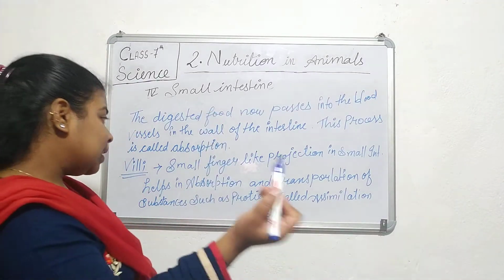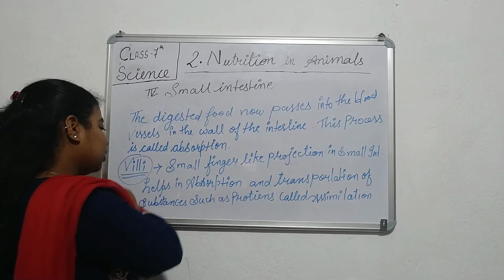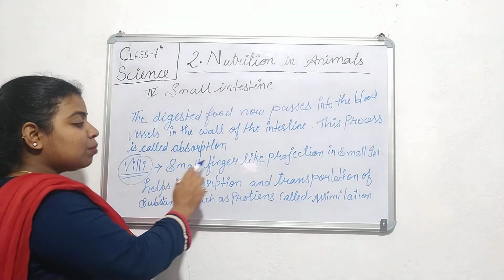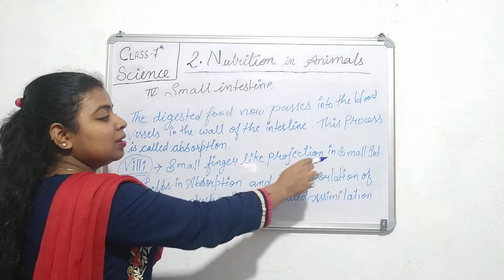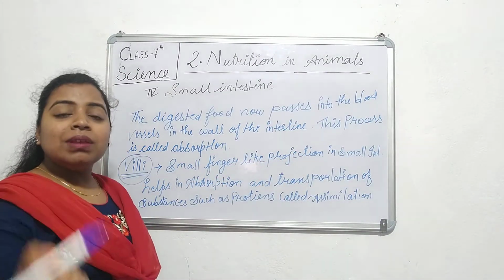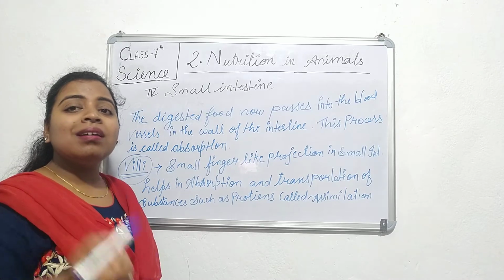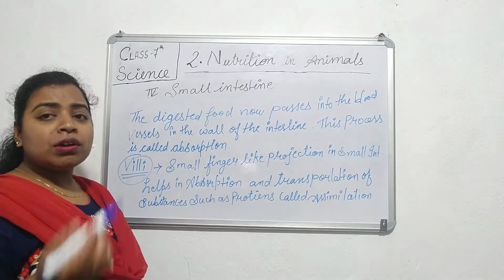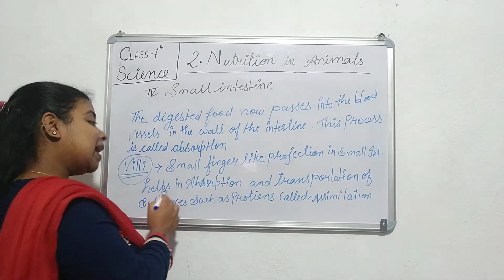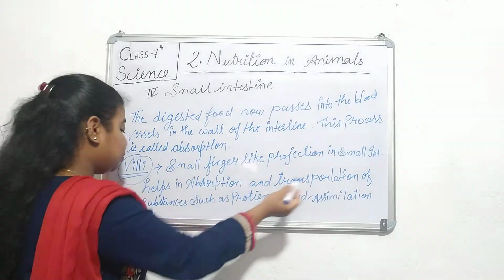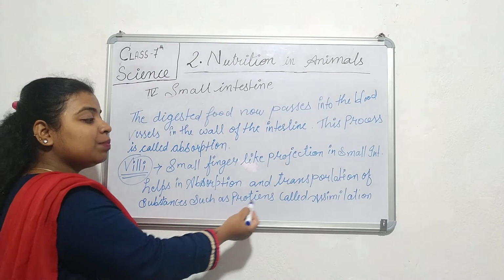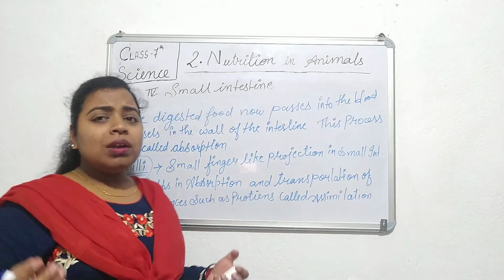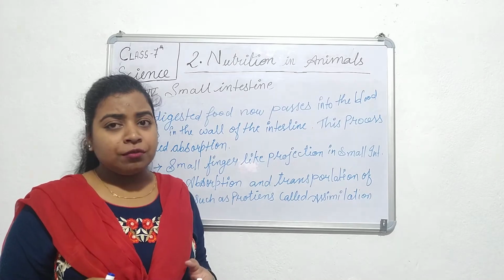Next, one more important thing here is villi. What are villi? Villi are small finger-like projections inside the small intestine. And what is the function of villi? They help in the absorption and transportation of substances such as proteins.